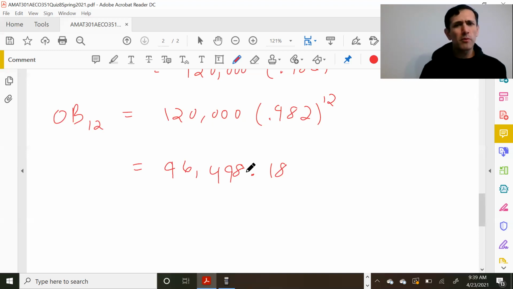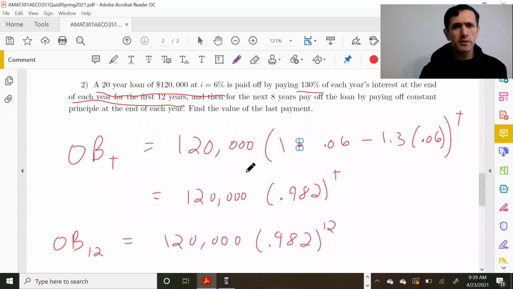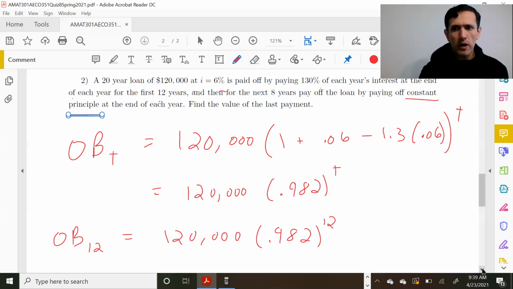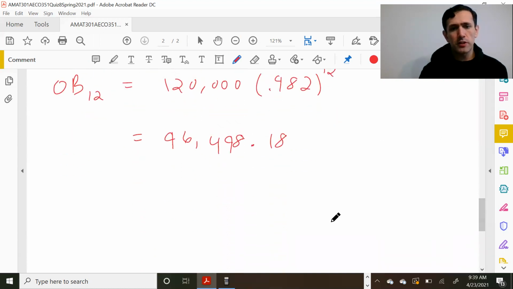So I had quite a few people say, oh, okay, well, principal repaid is constant, so that means we're paying this off with constant payments. No, that's really important to understand. That's just not how mortgages work. That's not how loans work. Constant principal just means you're paying off constant principal and the interest differs each year.